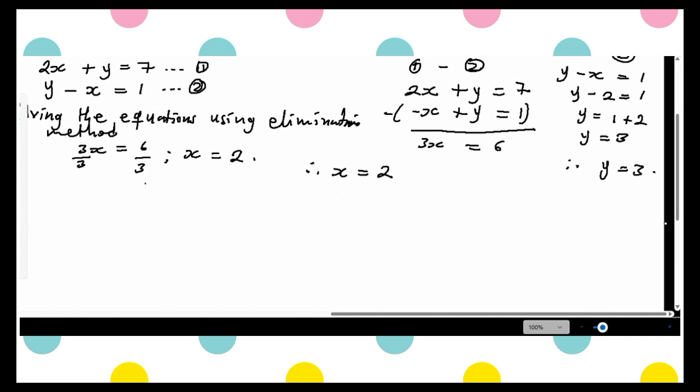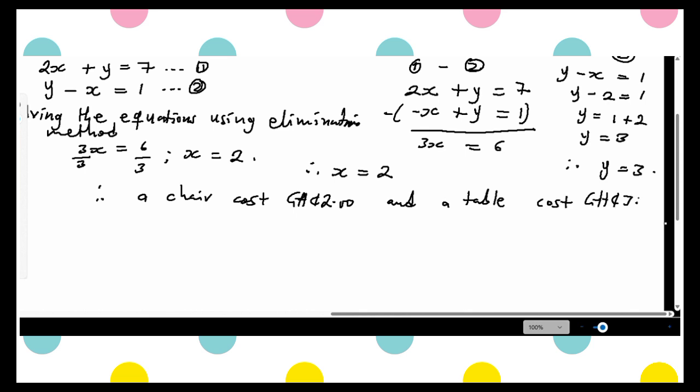So we can conclude, therefore, a chair costs 2 Ghana cedis, and a table costs 3 Ghana cedis.